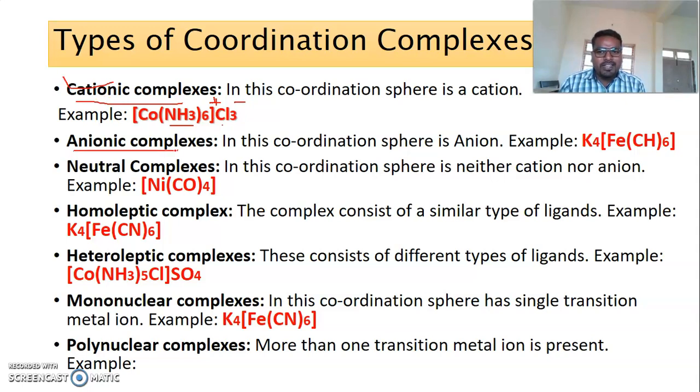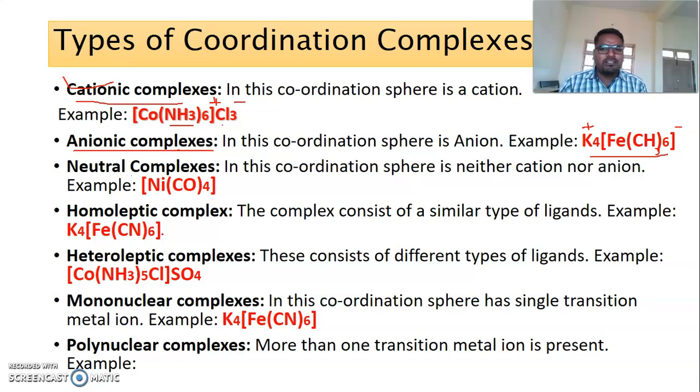And similarly anionic complex. Here, if you look at the hexacyanoiron complex, potassium is positive and the complex is negative. If the coordination sphere possesses a negative charge, this is an anionic complex.